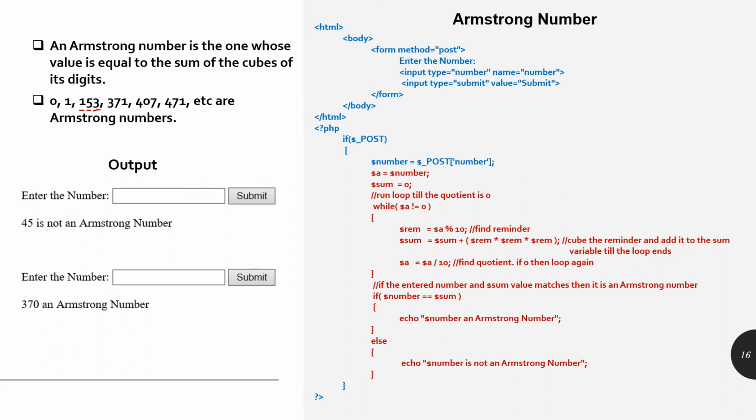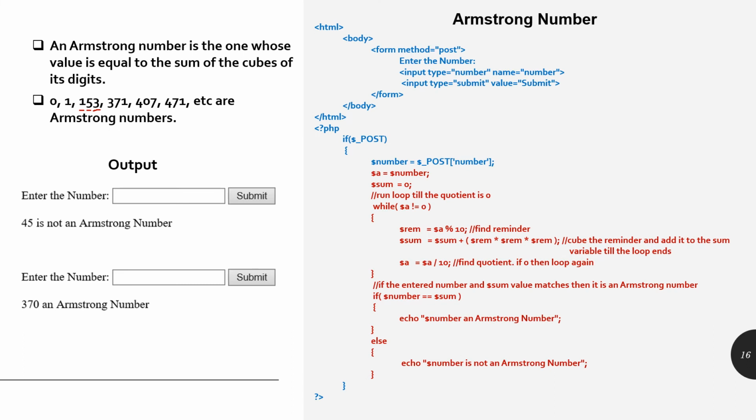Each and every time you get a digit, you take its cube: 3 cubed, 5 cubed, 1 cubed. Then you sum the entire thing and compare it with this number. So anyway, we are manipulating this number, so initially we need to store this number somewhere.